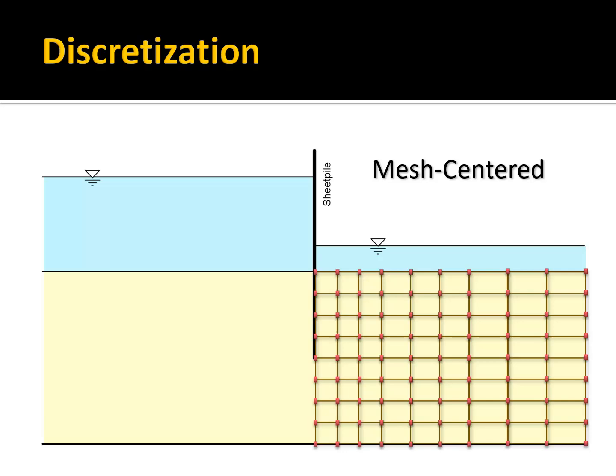And that gives us a set of equations, one for each of these red nodes, which we then solve. We're going to talk about different solution techniques, but you essentially have a whole bunch of simple equations, and you modify some of the equations based on boundary conditions, and then you solve the equations.